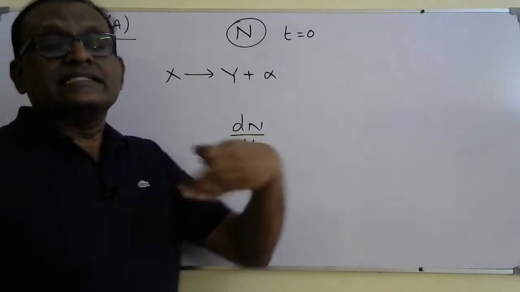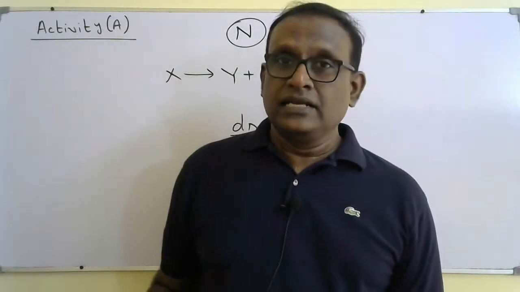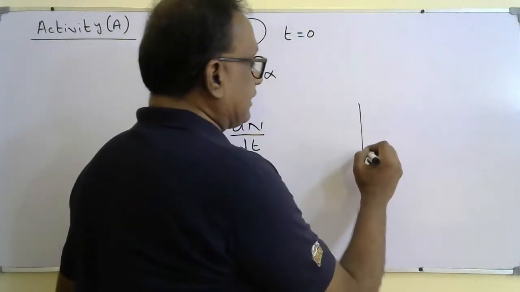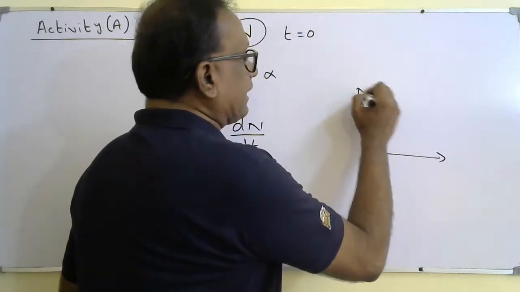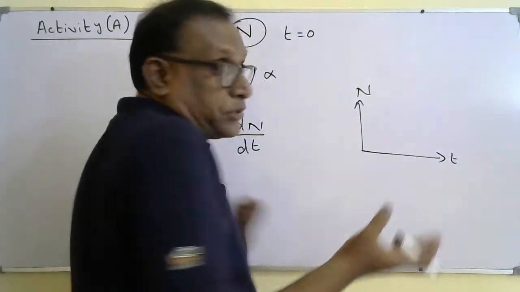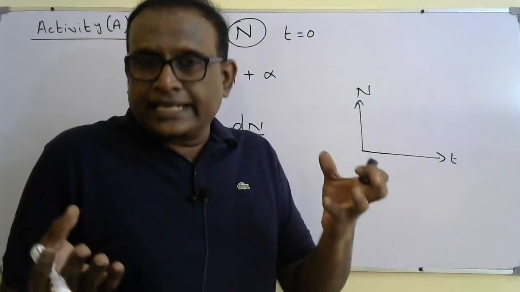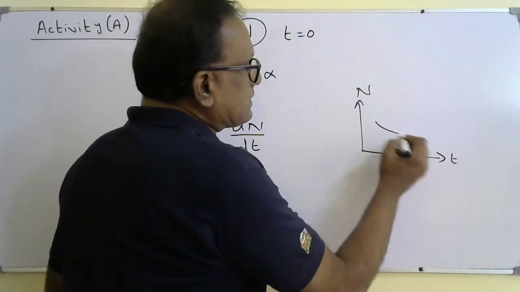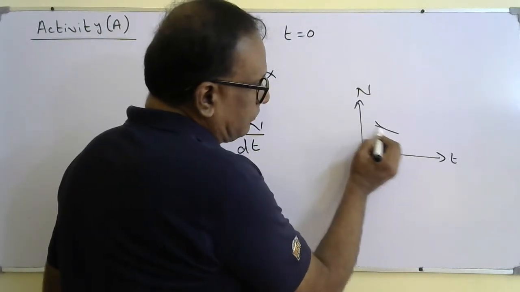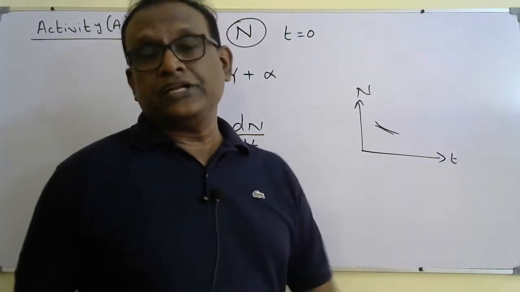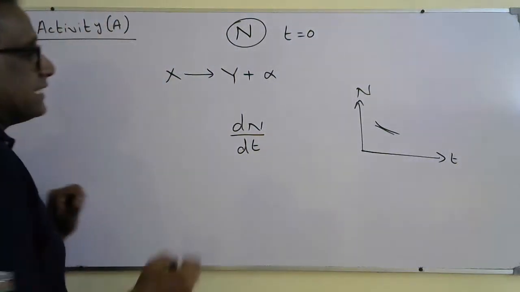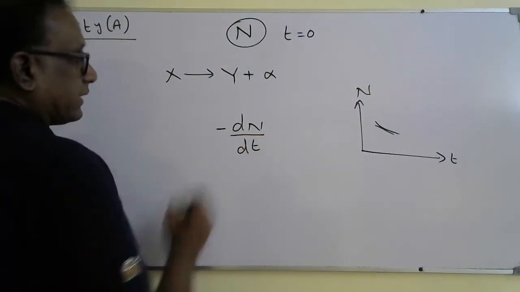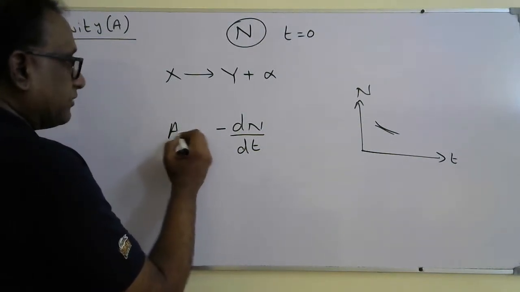But we know N is a decreasing function. If I draw a graph of N against time, it's decreasing. It's exponentially decreasing, but I don't want to show the exponential decay now. If it is decreasing, the tangent will have a negative value. That's dN over dt, so the rate of disintegration is a negative quantity. That is called activity.